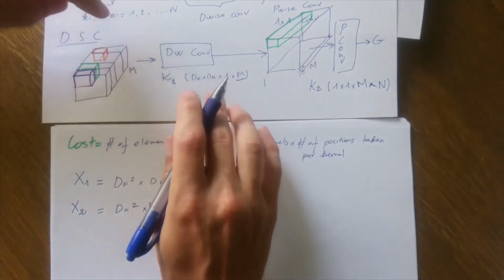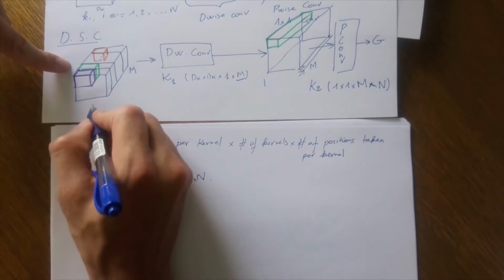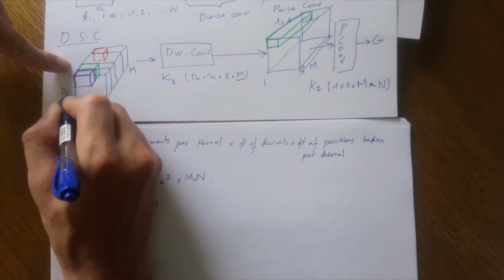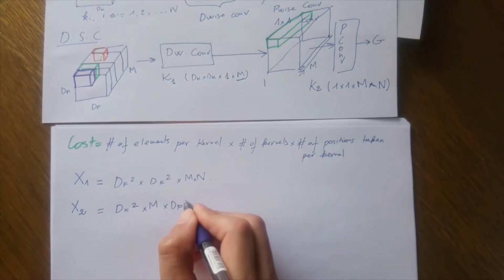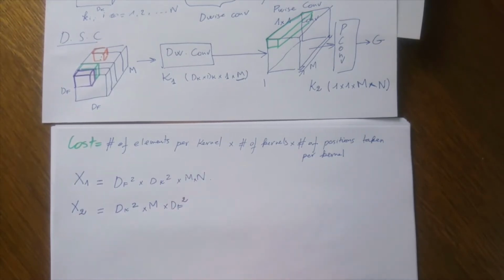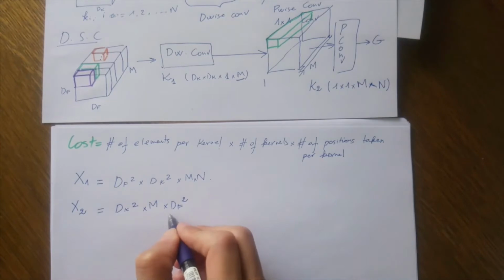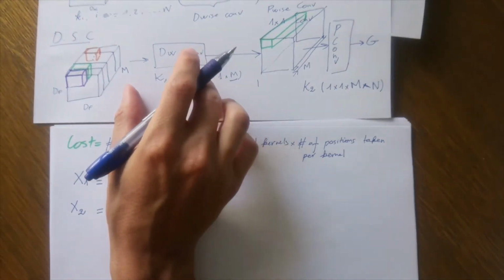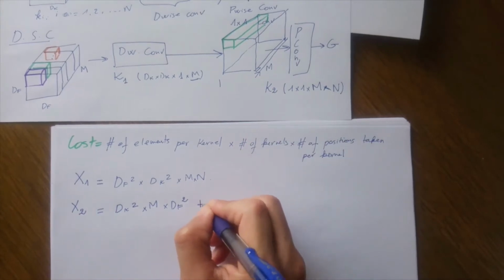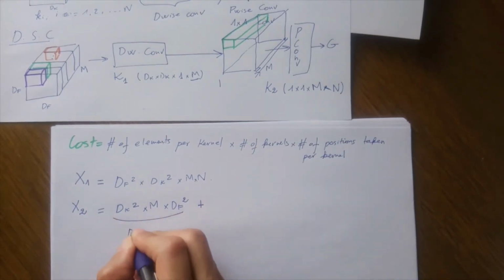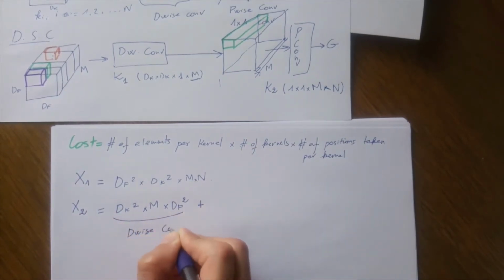We should look at the input. We have an input of df times df width and height. Therefore, we have here df times df, which is df squared. So this is the computational cost of depthwise convolution.